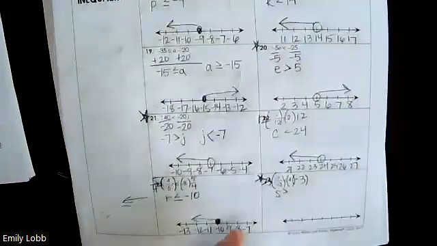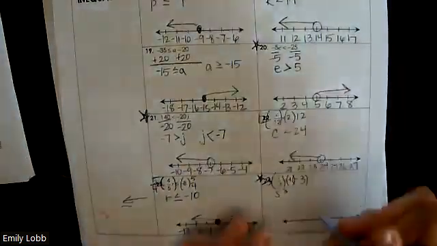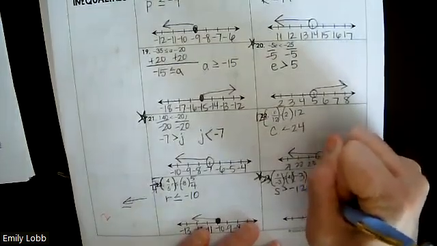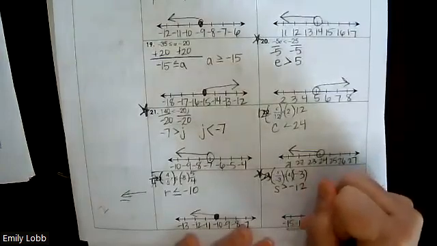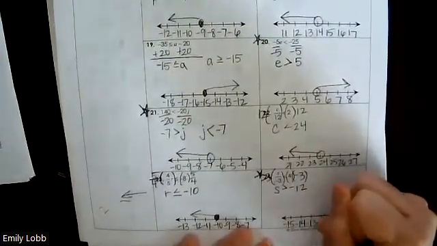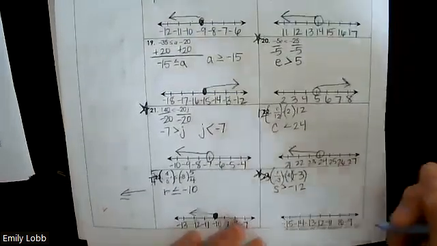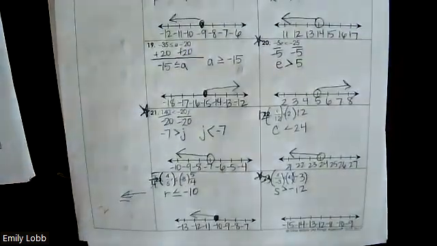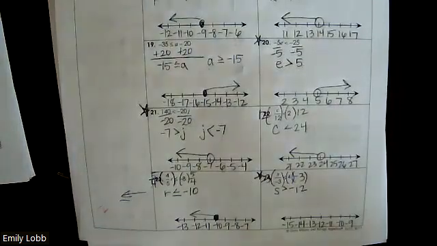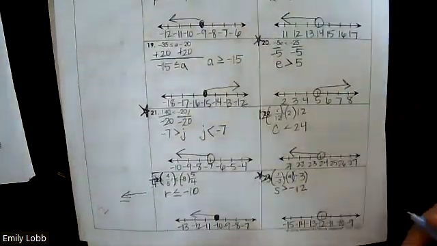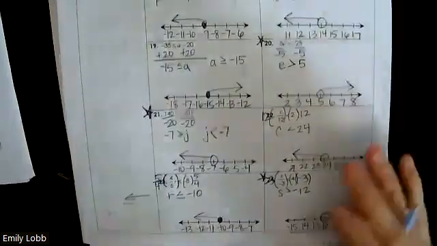And 4 times -3 is -12. So I'm going to start at -15. Open or closed at -12? Open. To the right or to the left? Well done.